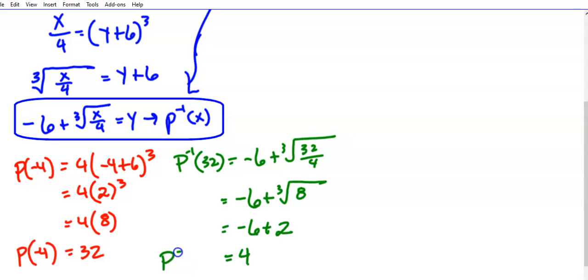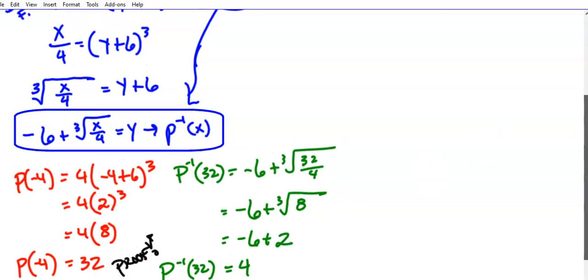So the p inverse of 32 is negative 4, and that's what we're supposed to get. So this has now been proven true. There's your proof. That worked out for us. That was nice.